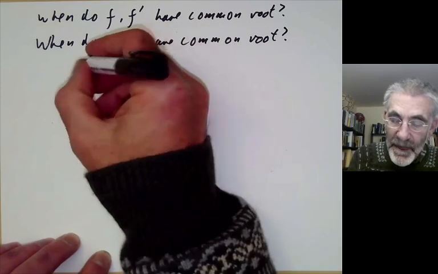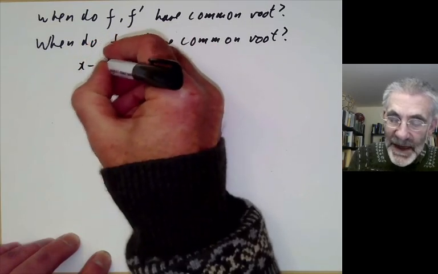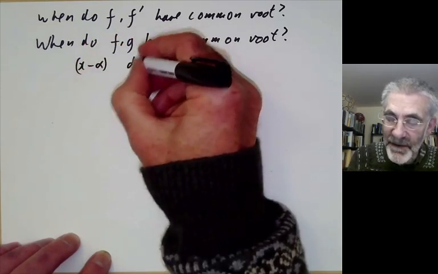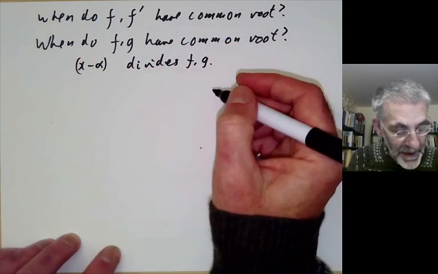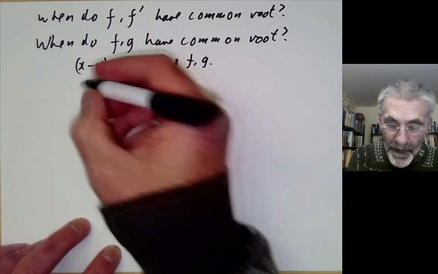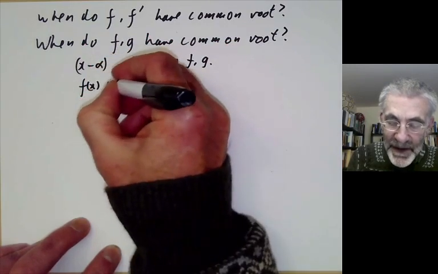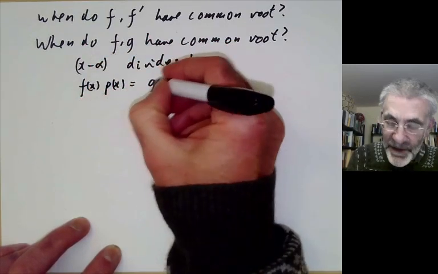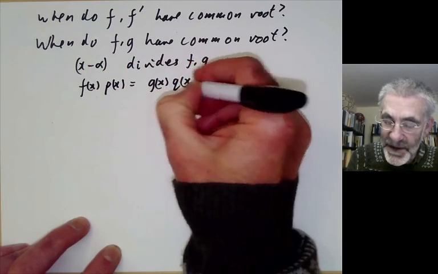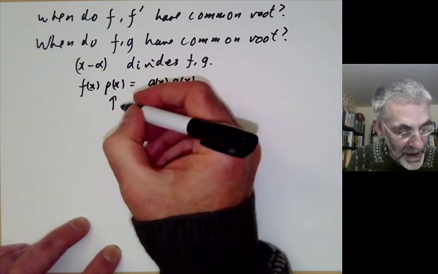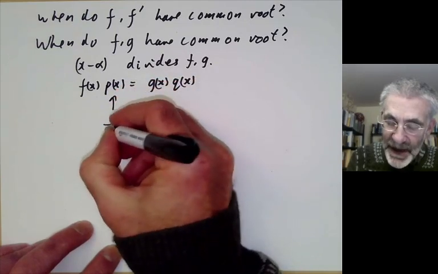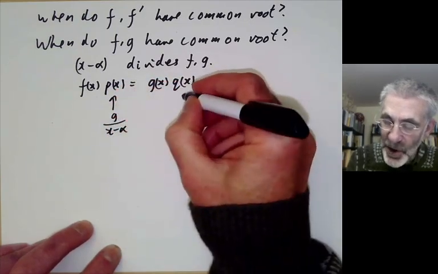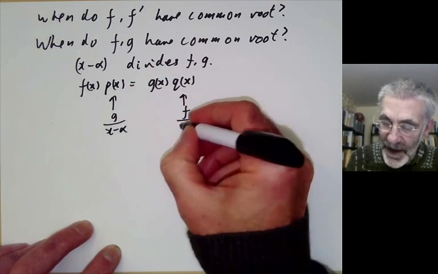If f and g have a common root, so suppose x - alpha divides f and g, then we see that f(x)p(x) equals g(x)q(x), where p(x) is equal to g over (x - alpha), and q is equal to f over (x - alpha).